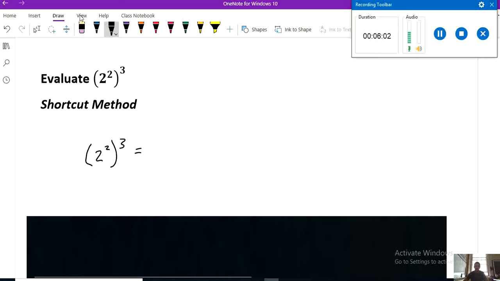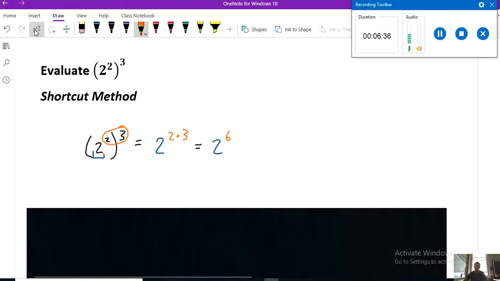Using the shortcut method, I keep the base as 2 and I multiply the exponents. So this will be 2 to the 2 times 3 power, which is 6. So it'll be, oh, not 6, 2 to the 6th power. Again, that's the same thing we had up at the top.